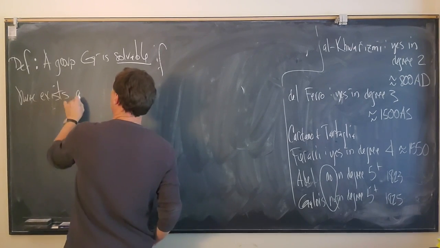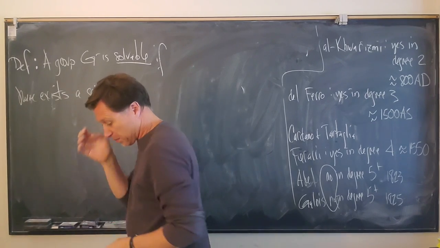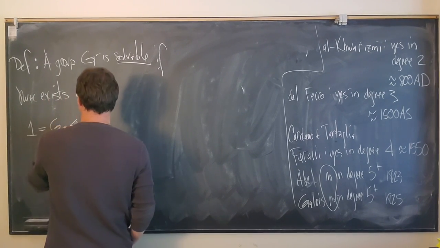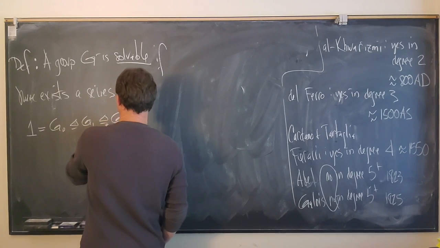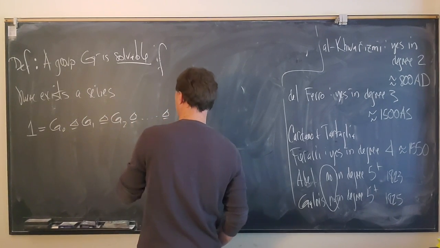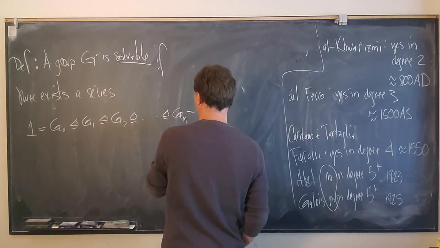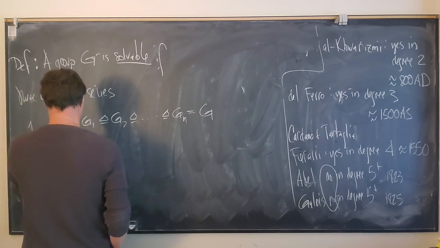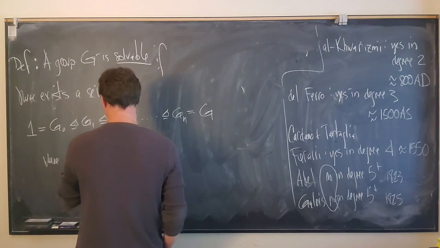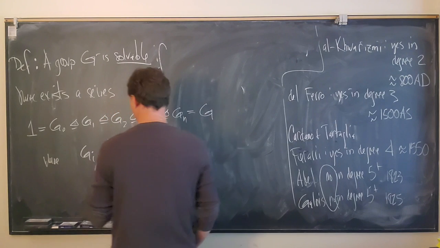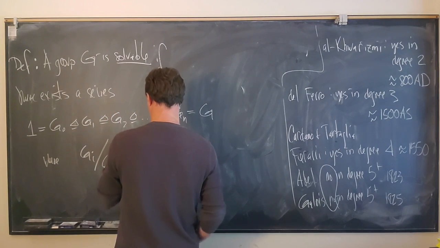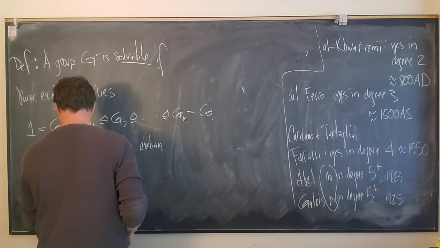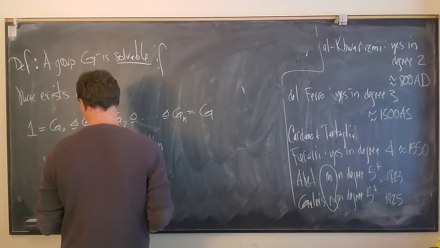So if there exists a series that goes like this, starting with the identity, we'll call that G0, normal in G1, normal in G2, normal in ... normal in Gn, which equals G, where the quotient Gi mod Gi minus 1 is abelian for each i.